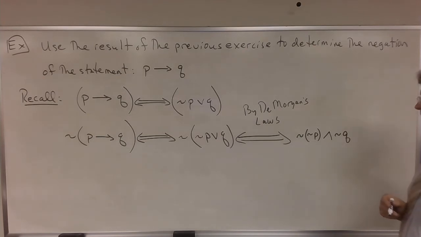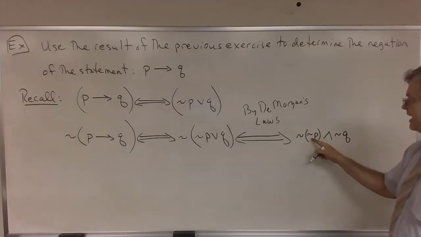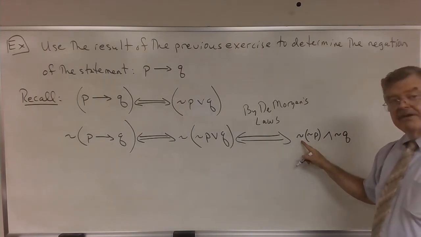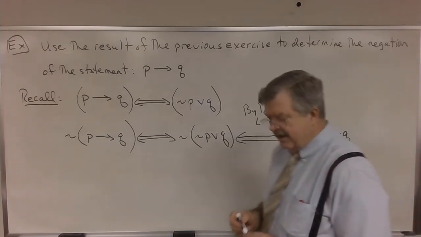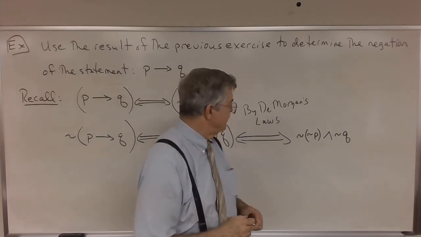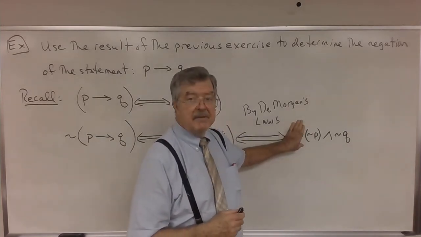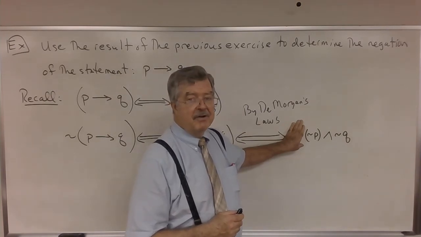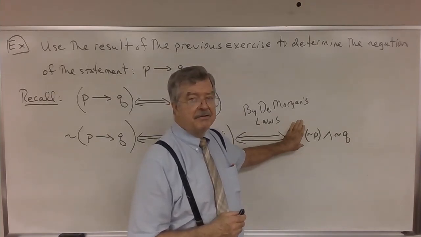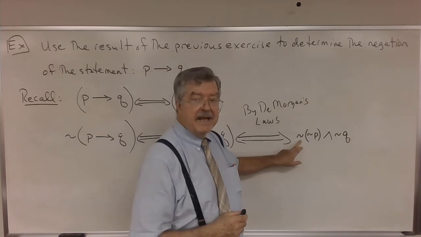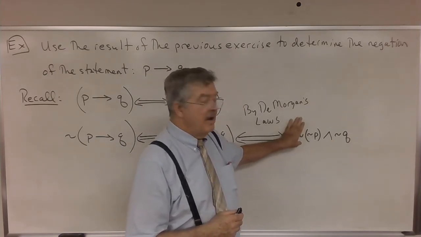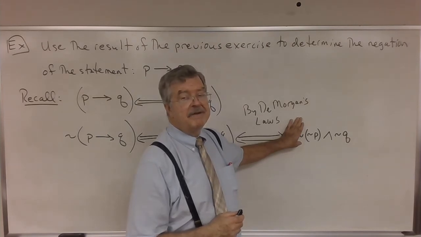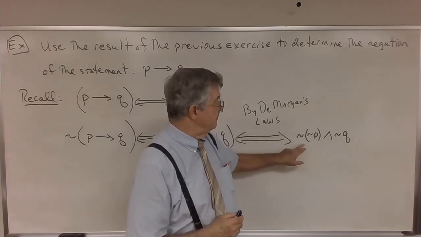Now, what happens if we negate a statement and then we negate it again? We just get the original statement. And here's how we can reason on that. If we negate P, all of its true values are changed to false and all of its false values are changed to true. And if we negate it again, all of the false values are changed back to true and all of the true values are changed back to false.